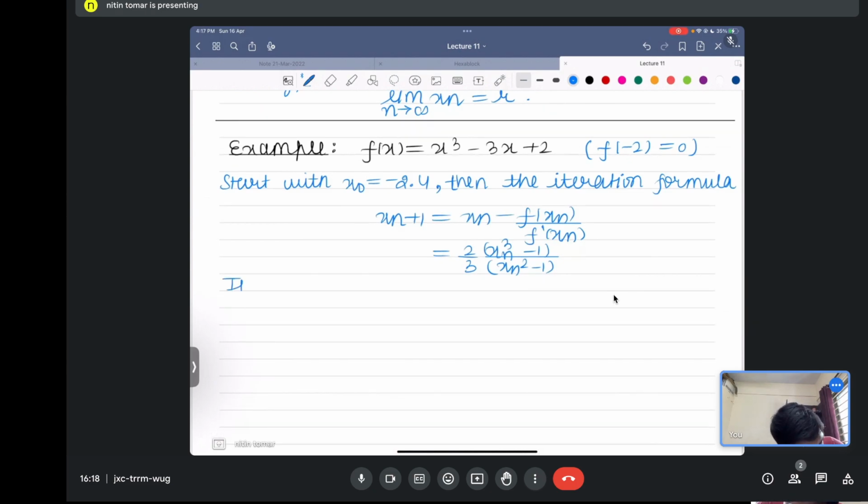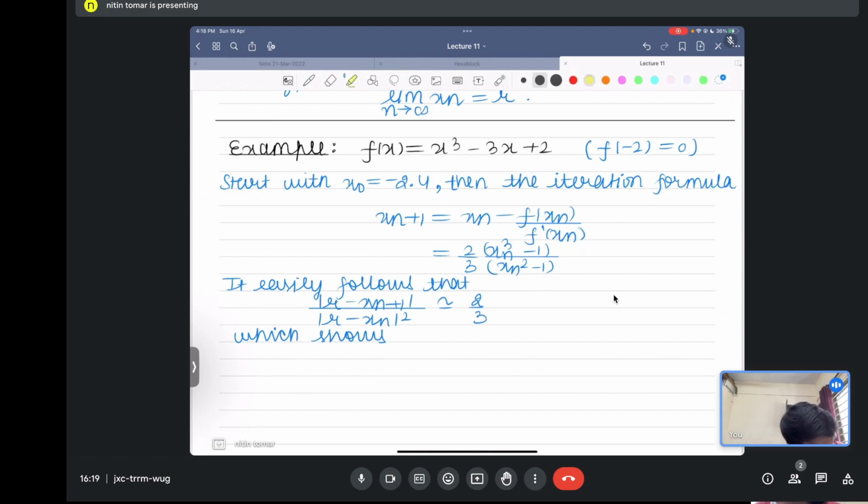Okay, so it easily follows, you just verify that r minus xn plus 1 by r minus xn square is approximately equal to 2 by 3, which shows the quadratic convergence of the Newton-Raphson method.